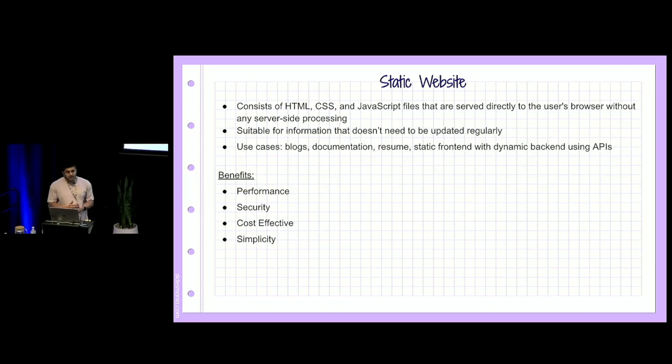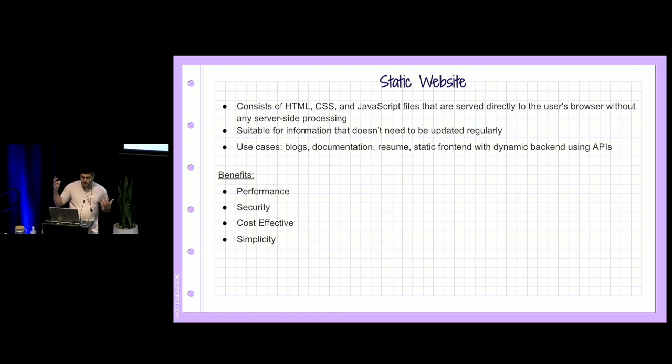Now, when you think about the benefits of a static website, think about performance, right? Because, like I said before, every single user that logs into the website gets the same content. If you use features like a content delivery network, CDN, where your website is hosted closest to the users, with servers all over the world, then if a user logs in from Australia, they get directed to the server that's closest to them in Australia, right?